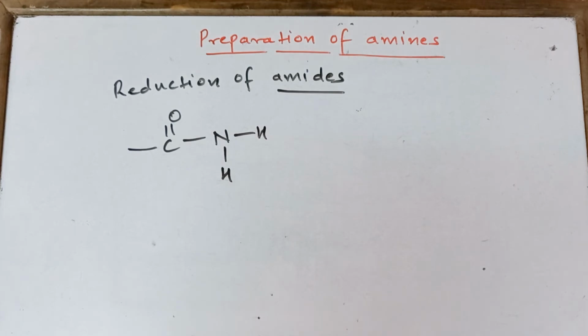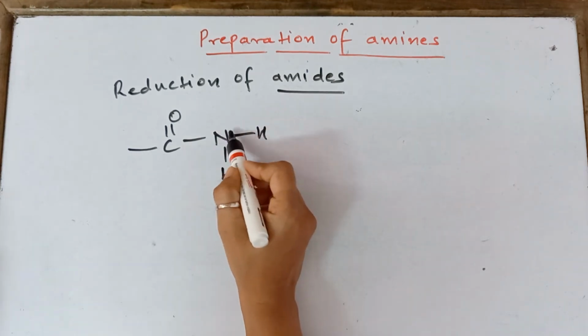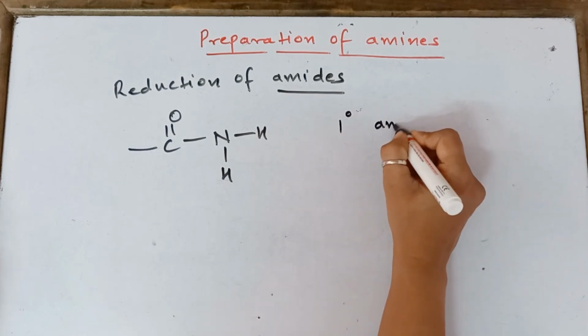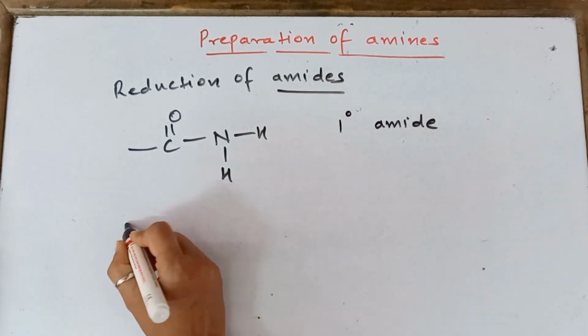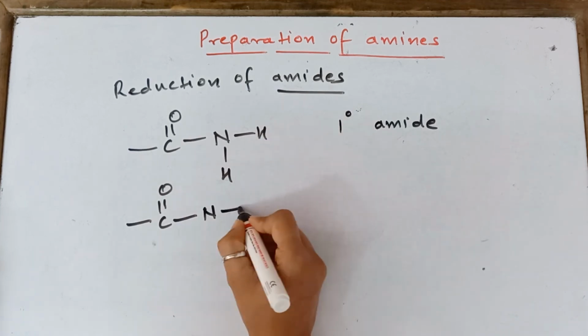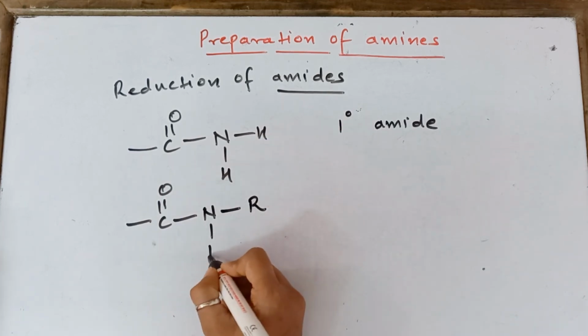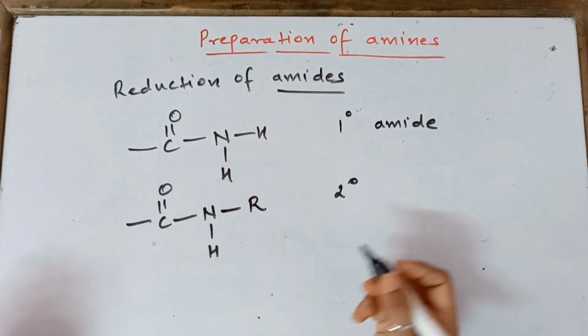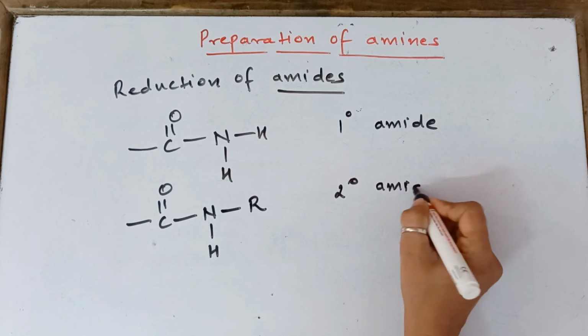Children, this is the general formula of amides, where you can see that the nitrogen is attached to only one carbon atom. So we can call this a primary amide. Similarly, instead of one hydrogen, you can put one alkyl group. So that becomes a secondary amide, because the nitrogen is going to be attached to 2 carbon atoms.